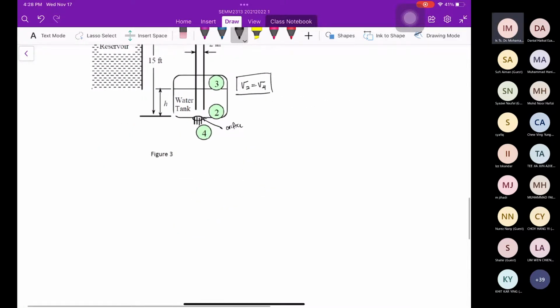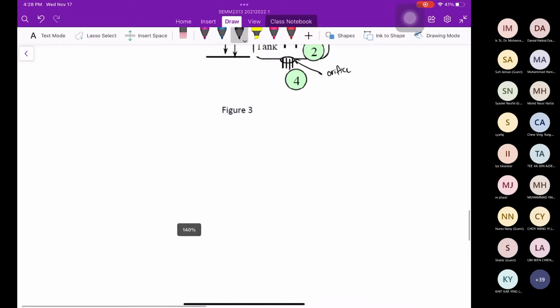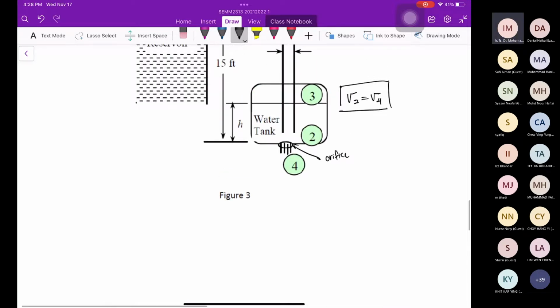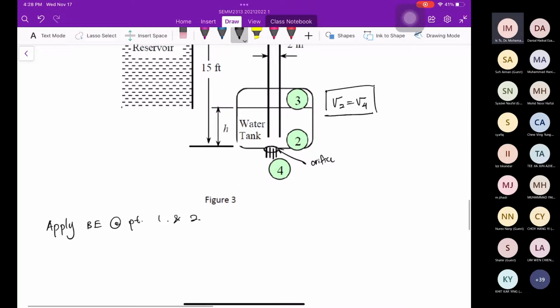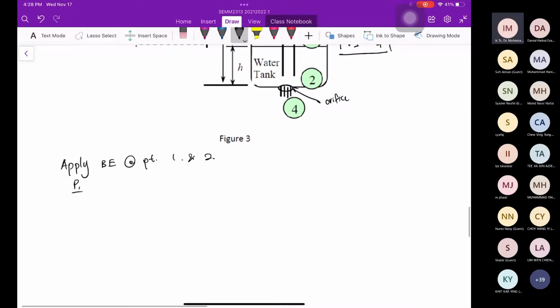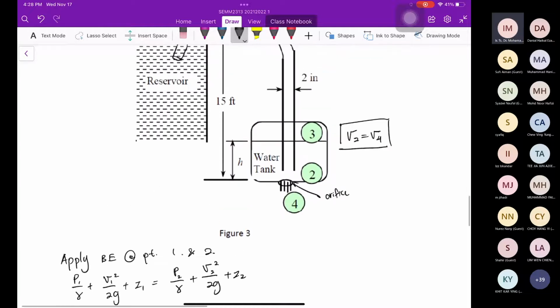So apply Bernoulli equation at point 1 and point 2: P1 over gamma plus V1 squared over 2G plus Z1 equal to P2 over gamma plus V2 squared over 2G plus Z2.